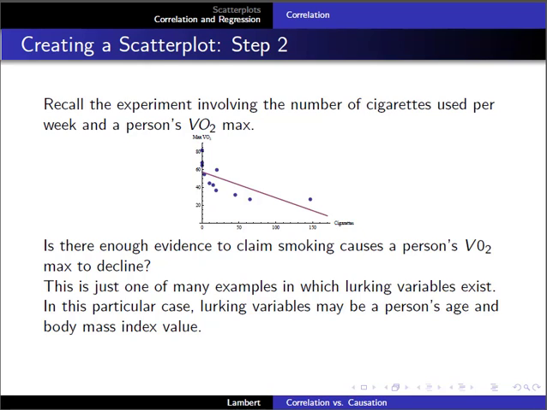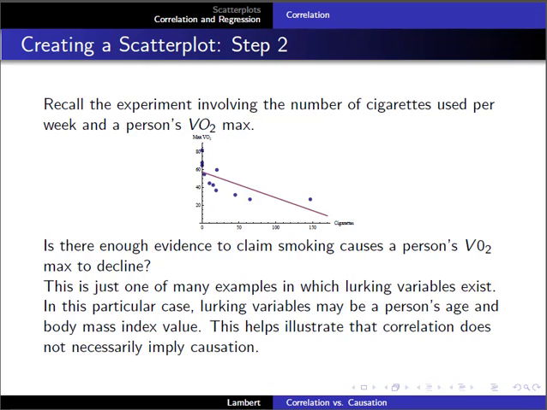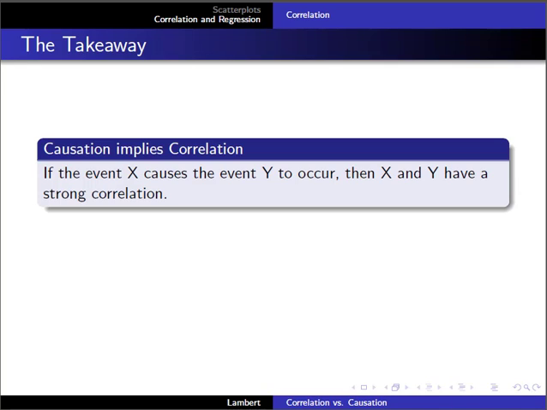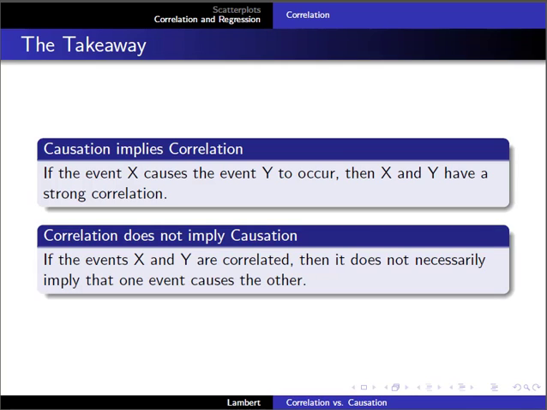And this leads us to the moral of the story here. Okay? Correlation does not necessarily imply causation. Now, you do have causation implies correlation, right? So if the event X causes the event Y to occur, you can say for a fact that X and Y must have a strong correlation. Okay? However, what most people tend to do is they think because there's correlation that that's going to imply causation.